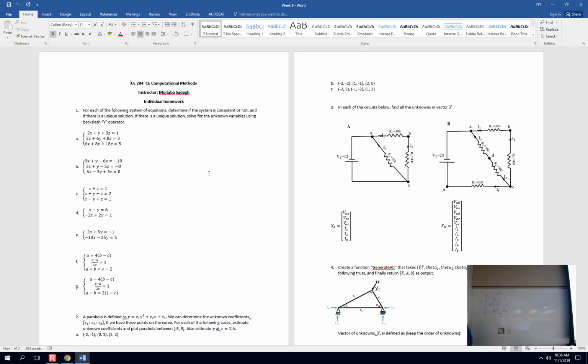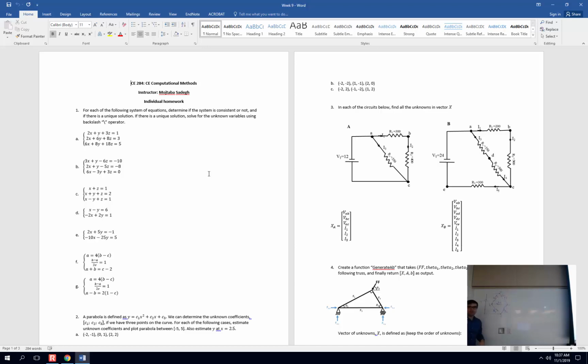System of linear equations, but we have to write the equations first, right? So let's say current starts here, comes here. It can go through this or it can go through that, right? So the same current that comes here can go through this or can go through that. Is that correct? So I have I1 and I have I2.